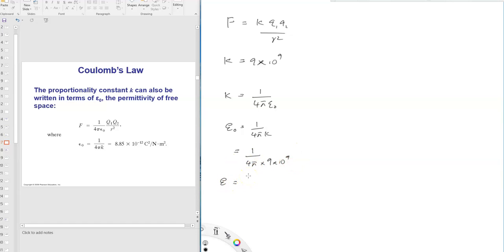It gives you the magnitude of epsilon naught to be 8.85 times 10 to the negative 12. We will talk about this later, not right away. So this permittivity is also a very important constant. The idea is how much electric field or electric force is allowed to go from one charge to the other.